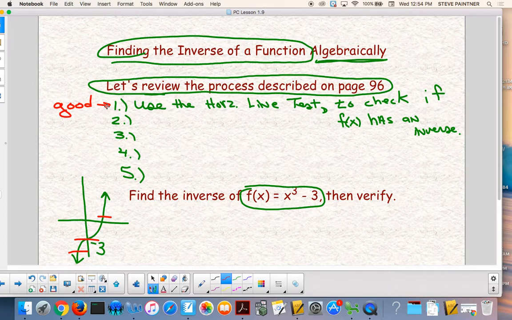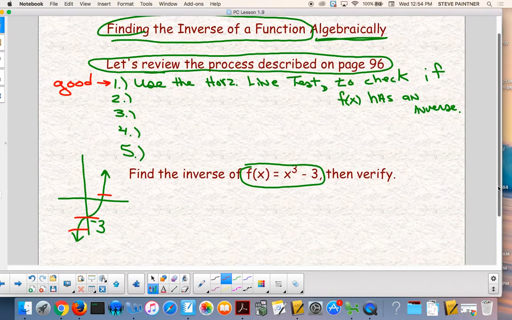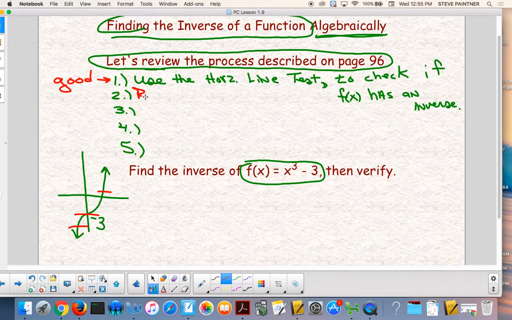Step 2, replace f of x with y, because f of x is y. So let's do that. Cross it out. Y equals x cubed minus 3.